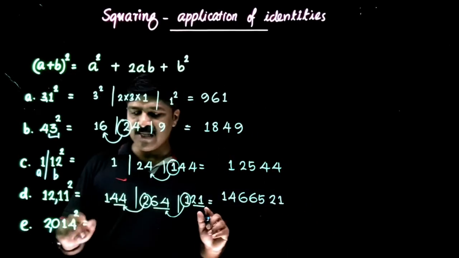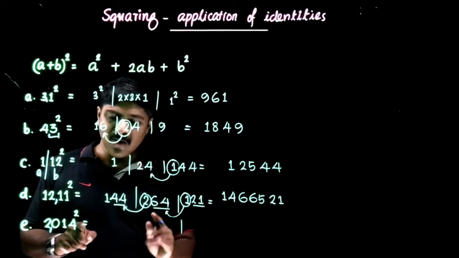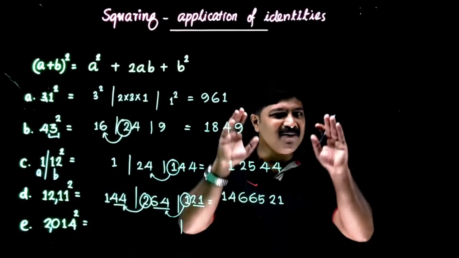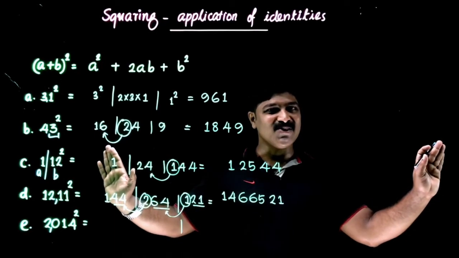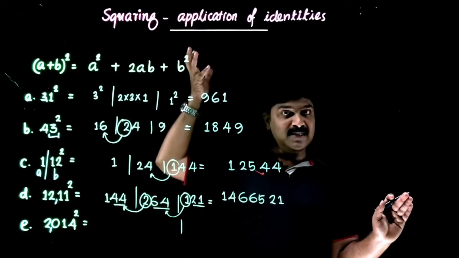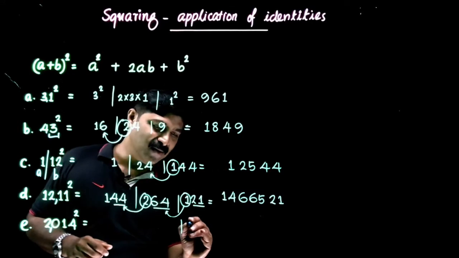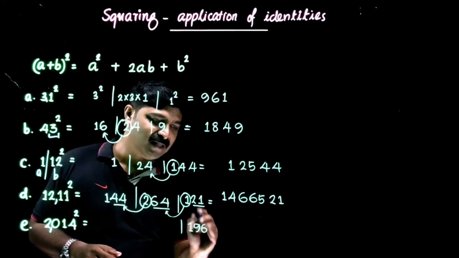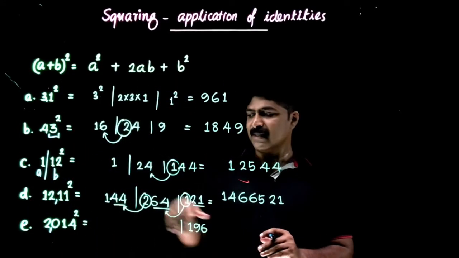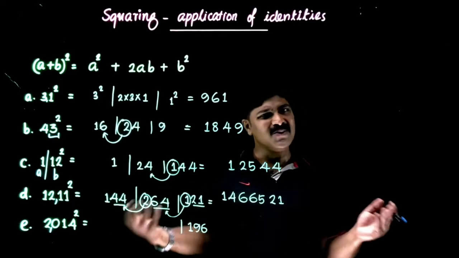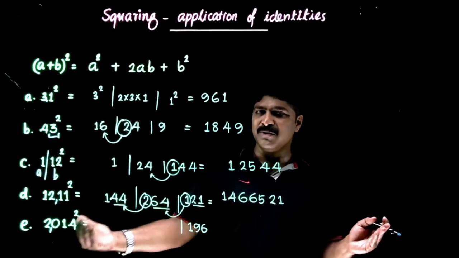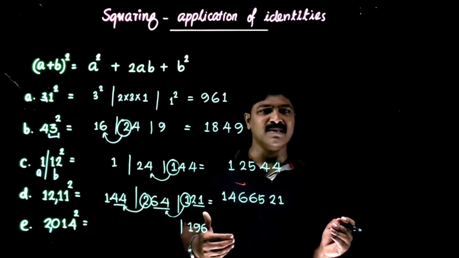So we can expand this one. The 014 is nothing but 14. That's the interesting point. So what is 14 square? That is equal to 196. The second step, 2AB. That's also very simple: 2 into 2 into 14. So it's easy to find.